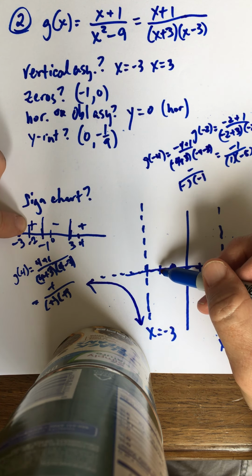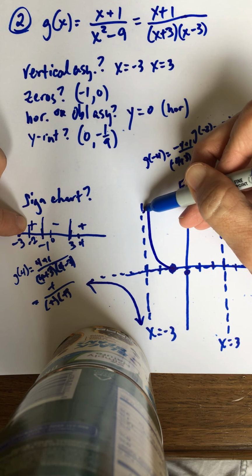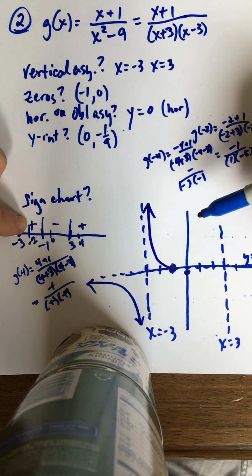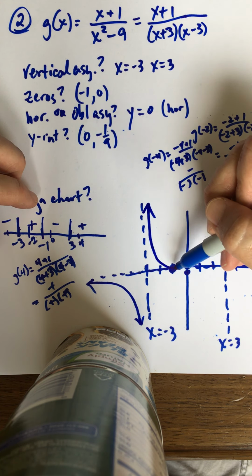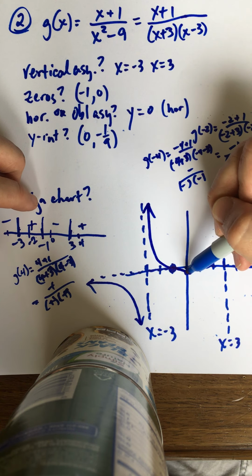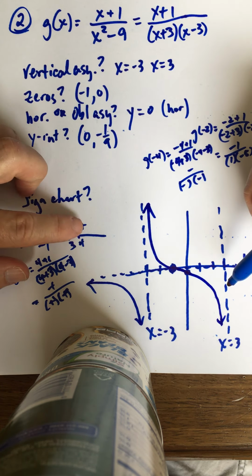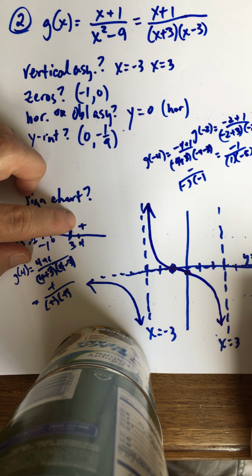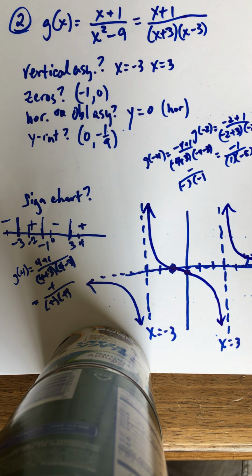This sign chart says that area is positive, which means it's going to be above the axis and hug that asymptote. Then over here, it's got to be below the axis between -1 and 3. It's got to go through the y-intercept and go over here and hug that asymptote. And this last section from 3 and bigger, it's going to be positive. It's got to hug this asymptote and that asymptote. It's going to look like that. And there's your picture.